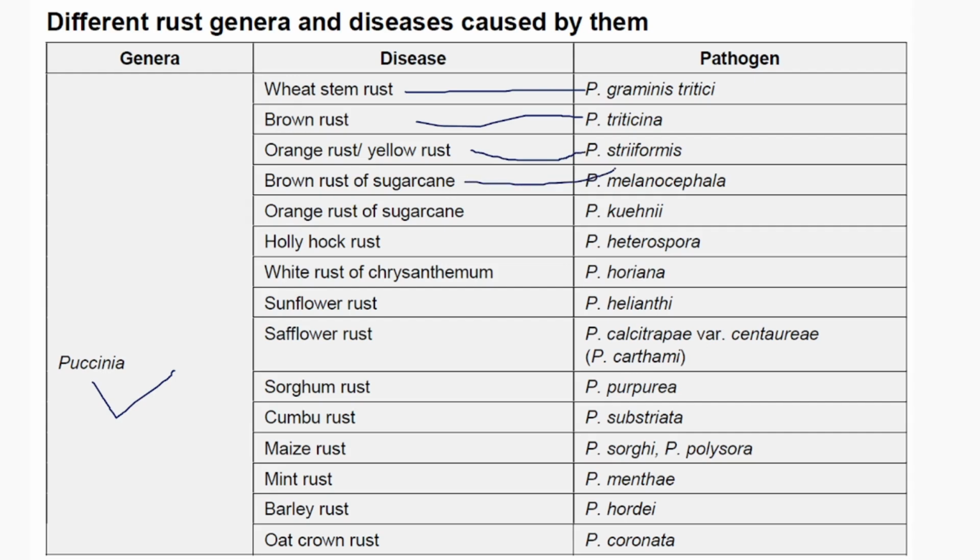Brown rust of sugarcane, Puccinia melanocephala; orange rust of sugarcane, Puccinia kuehnii; hollyhock rust, Puccinia heterospora; white rust of chrysanthemum, Puccinia horiana; sunflower rust, Puccinia helianthi. Like that, I have given the list of important diseases caused by Puccinia. In fact, there are plenty of other diseases too, but these are the most important and repeatedly asked questions. Okay.